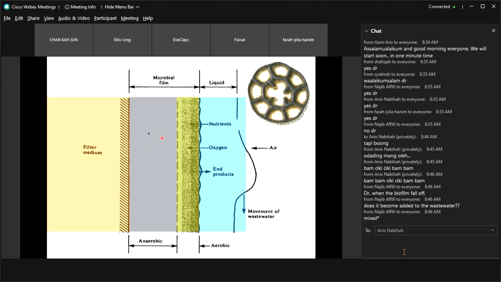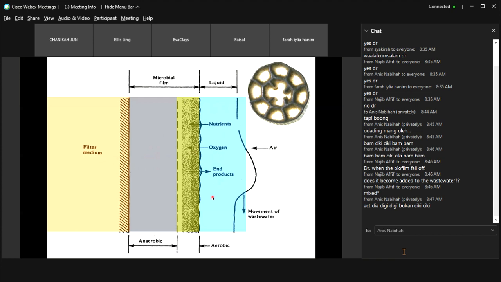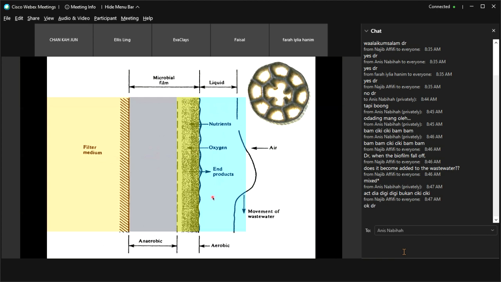When the biofilm falls off from the filter media, it will be carried out by the wastewater, and it will go to the next process, which is the secondary sedimentation or secondary clarifier, which we will see later on in the flow diagram. Okay, I hope I answered the question.